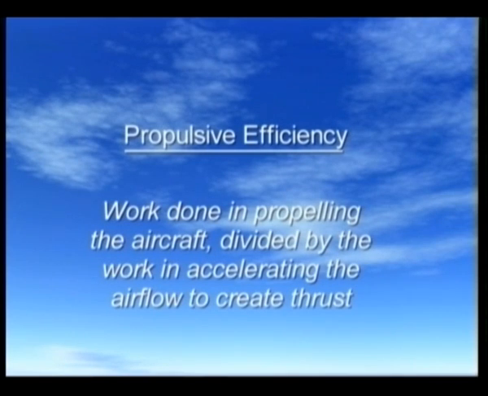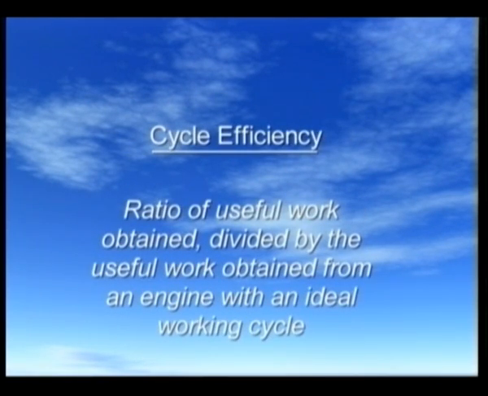Propulsive efficiency, which is the work done in propelling the aircraft, divided by the work in accelerating the airflow to create thrust. Cycle efficiency, which is the ratio of useful work obtained divided by the useful work obtained from an engine with an ideal working cycle.